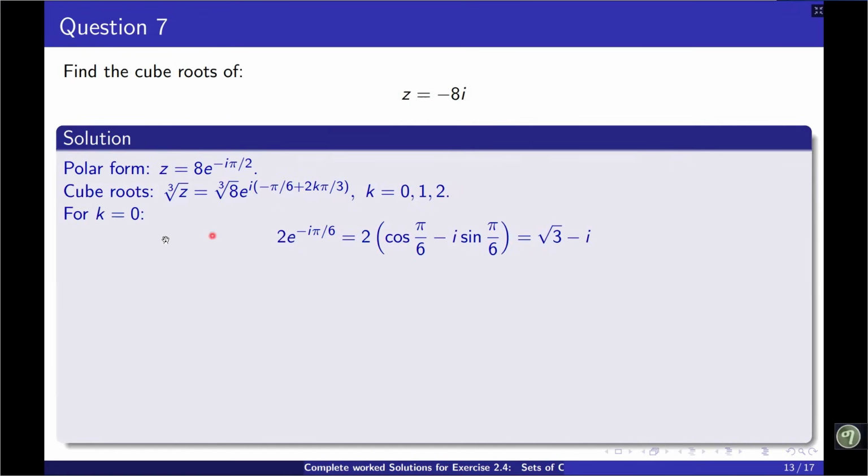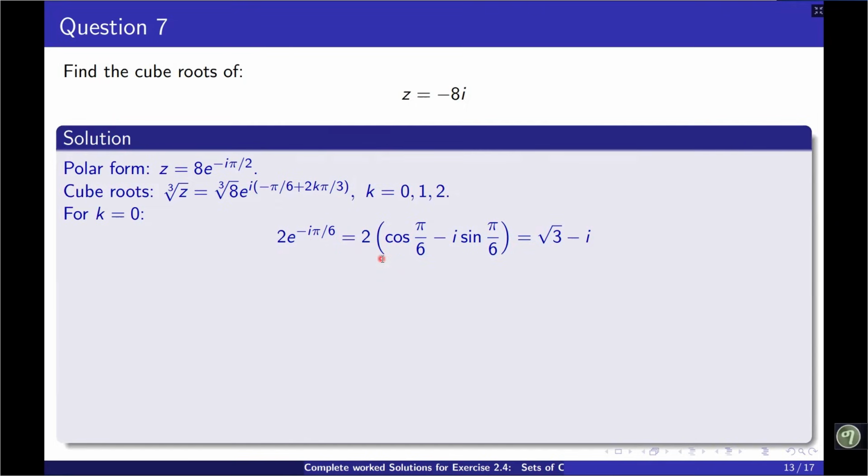So for k equal to 0, the first cube root of this complex number is obtained as follows: the cube root of 8 is 2, times e to the power of negative i pi over 6, since we are taking k to be 0, so that this product becomes 0 and we are left only with negative pi over 6.